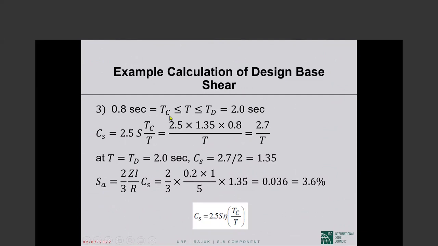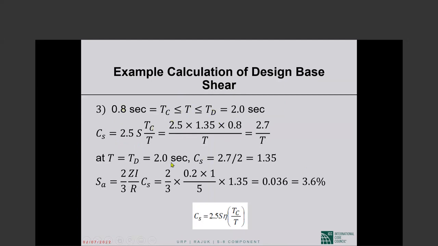Then we go to the descending branch, T between T sub C and T sub D. This is the long period transition period of 2 seconds. T sub C has a value of 0.8 second in our case.